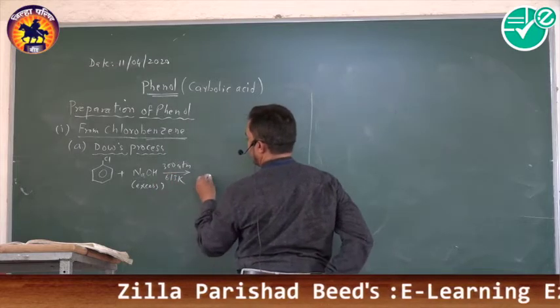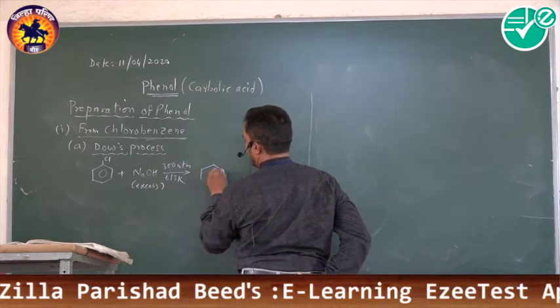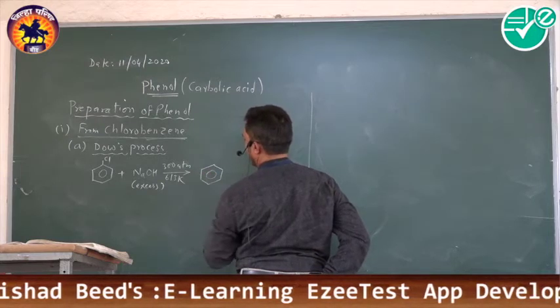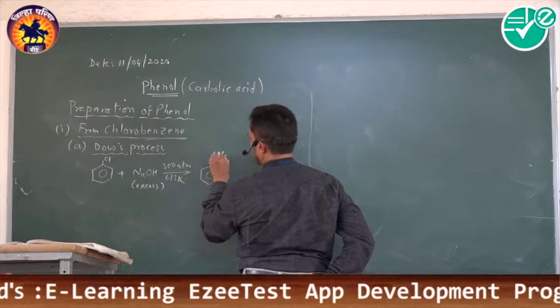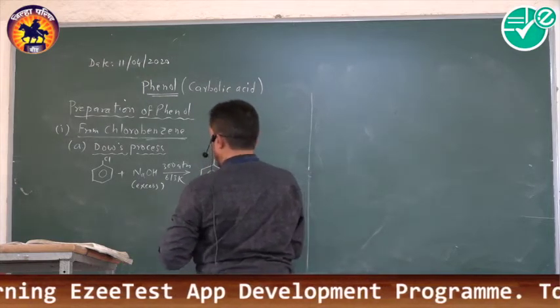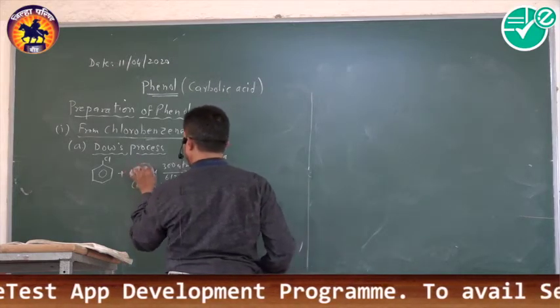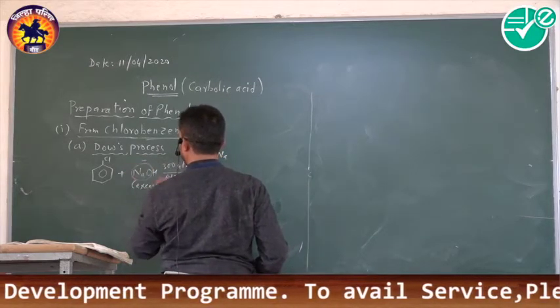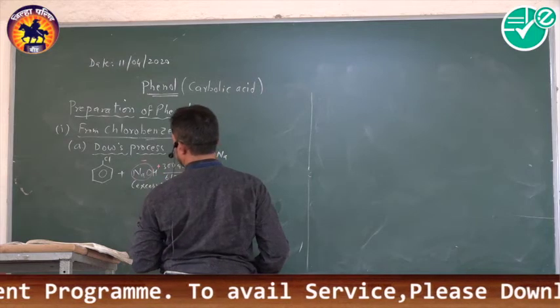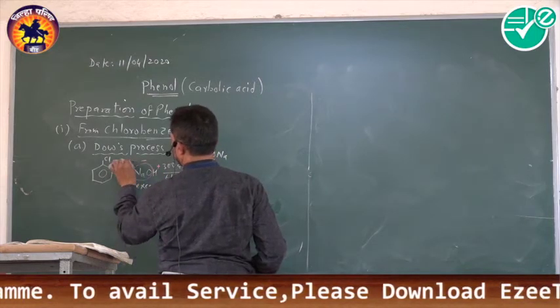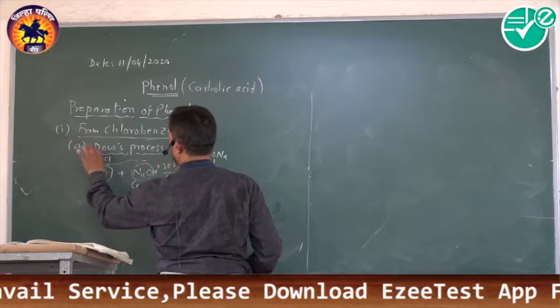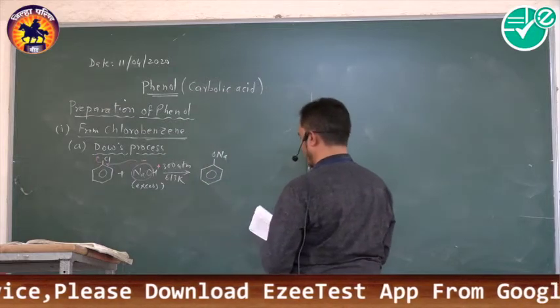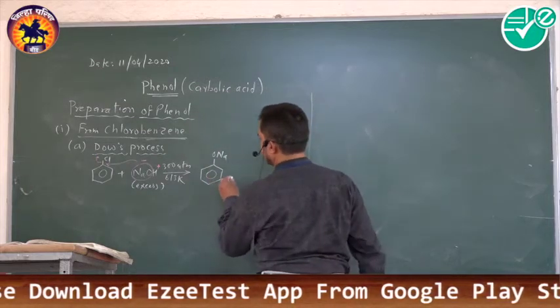It's going to form sodium phenoxide. Now, as we know, the ONa is negatively charged, hydrogen positively charged. Now it gets substituted, the chlorine gets replaced. That is going to form sodium phenoxide.